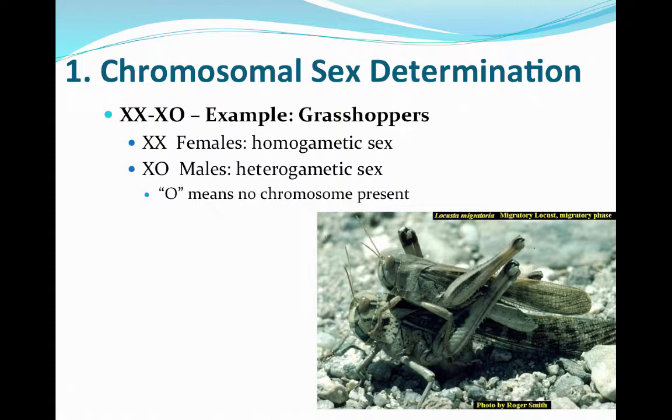In this case, the male only possesses 1 X chromosome, and that's it. The O means that there's no chromosome present. So males have half of the gametic material that a female does. That really is what determines sex in the XX-XO example.